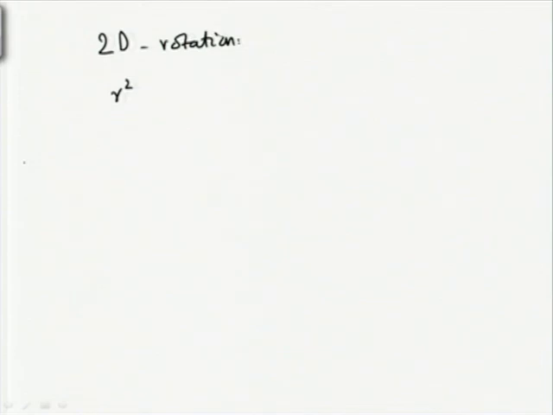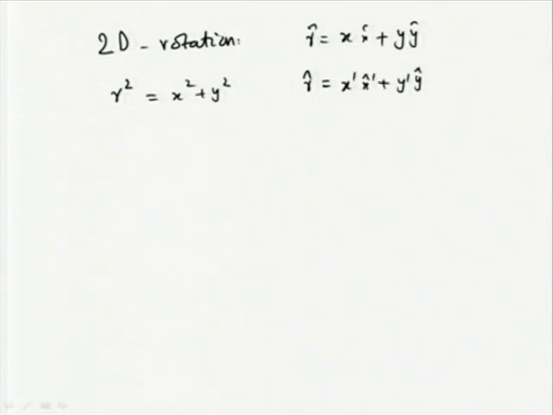If you take r square, which is equal to x square plus y square, right. The vector we denoted by x cap plus y cap. The same thing in a rotated coordinate system was x prime cap, y prime cap.